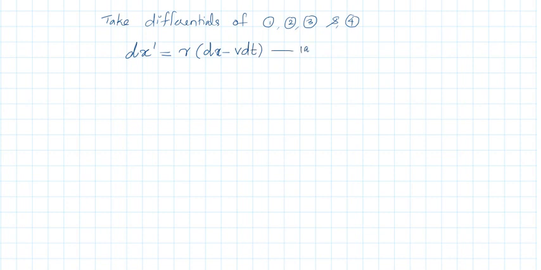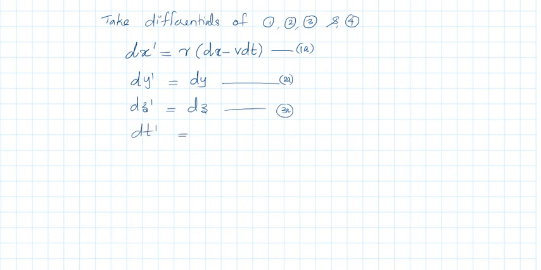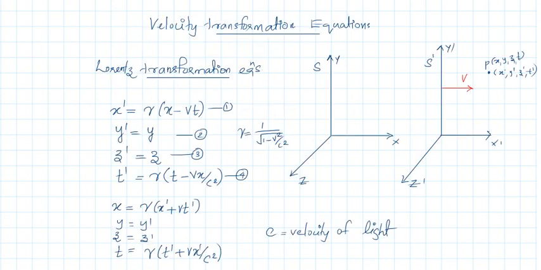Let me call it 1a. Then dy prime is equal to dy, equation 2a, dz prime is equal to dz, equation 3a, and dt prime is equal to gamma into (dt minus v dx by c square), equation 4a. These are the four equations obtained by taking the differentials of the Lorentz transformation equations.